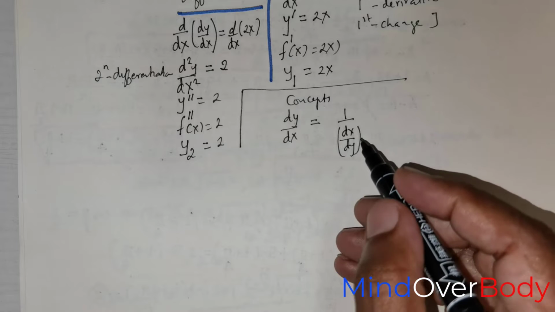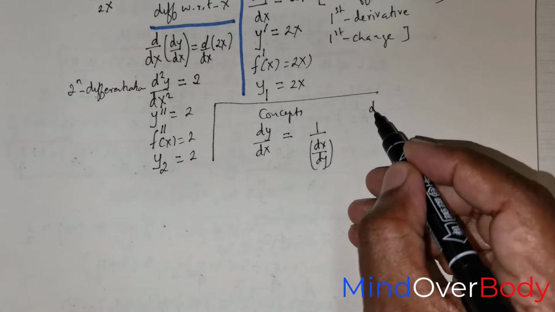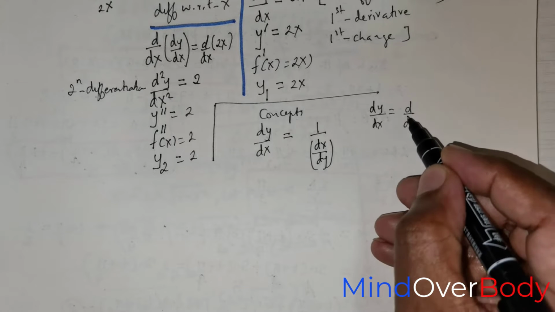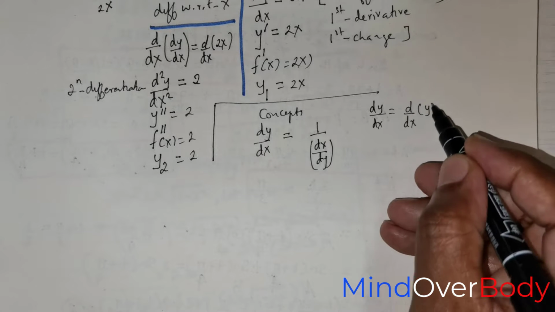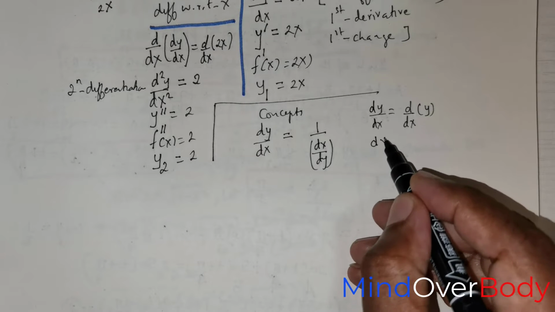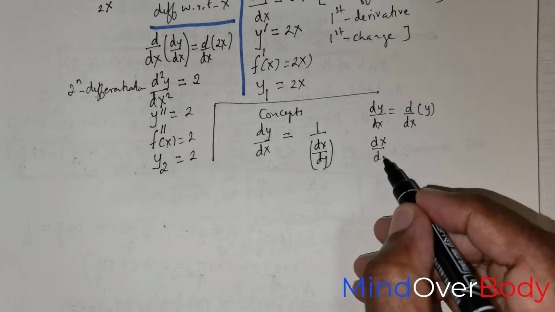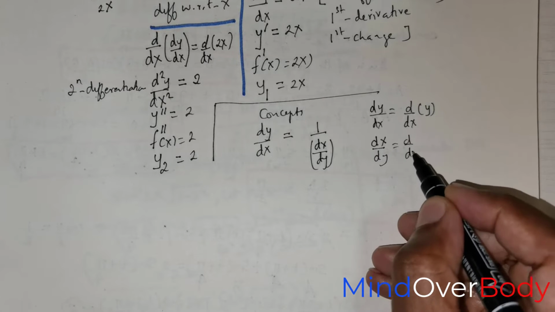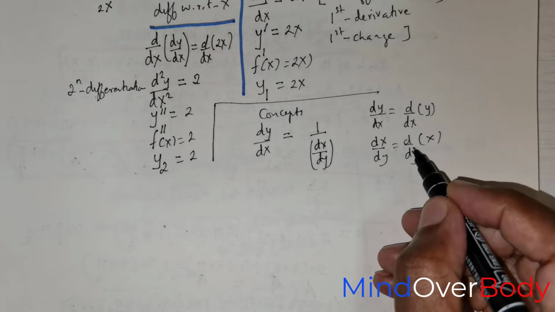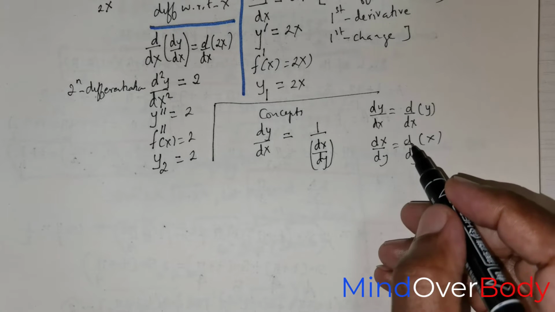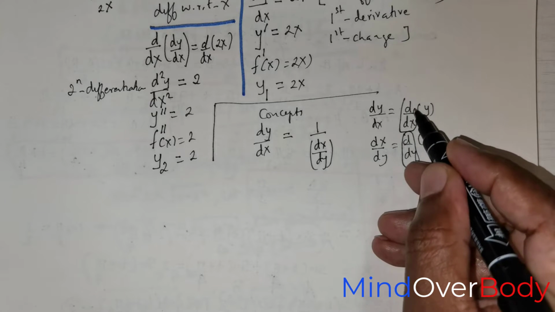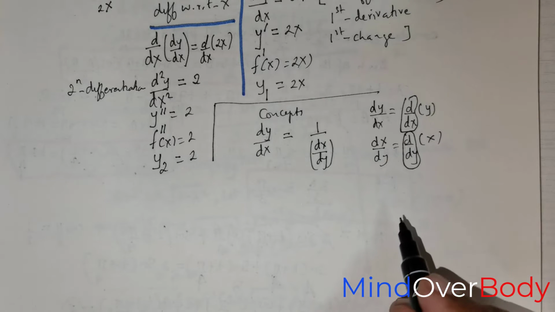Now please bear in mind, when I state dy over dx, the meaning is I'm performing the operation on y using the differential operator d over dx. Similarly, when I state dx over dy, I am performing the differential operation onto x using the operator d over dy. Now, it is imperative to understand d over dy and d over dx are totally different operations.